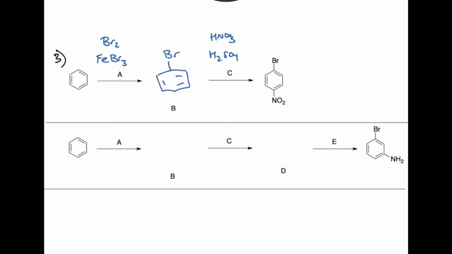So, yes, you are probably going to have this other product as well, where you get the ortho product. But in this synthesis that I'm giving you, we're only worried about this one compound. So if you have a situation where you're going to get a mixture of products, assume that you're only going to care about the one that the synthesis is asking you to make.